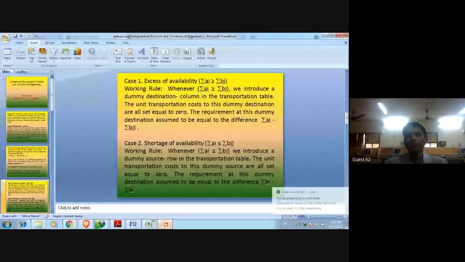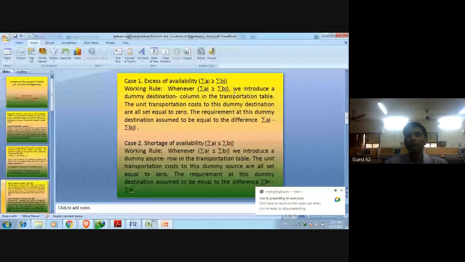So what is the rule to solve this type of unbalanced problem? Whenever summation of ai is greater than summation of bj, meaning supply is greater than demand, we introduce a dummy destination column in the transportation table.